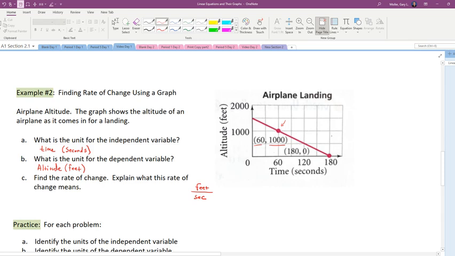So the vertical change, that would be the change from here to here, is going to be what? 1,000 minus 0. We're at a height of 1,000, and then we're at a height of 0. So that's 1,000. And my horizontal change, we went from 60 to 180, and that would be 120 total seconds.